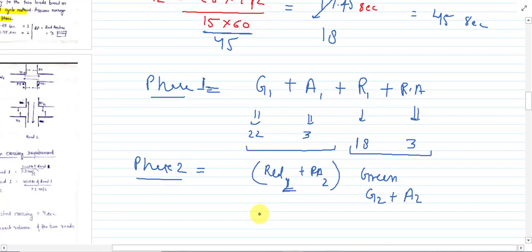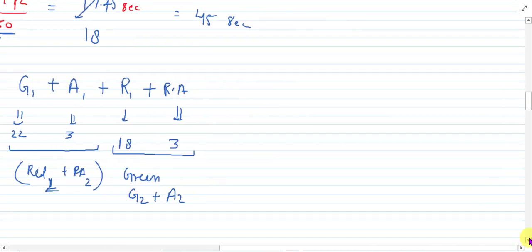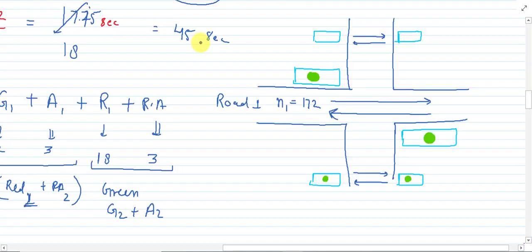In this manner we are going to discuss like this one. So this is represented with the road 1 diagram, and in this case the n1 value is 172. Whenever there is a green light for road 1, similarly the other leg of this road will also be considered green. So these are the traffic signs for road 1.